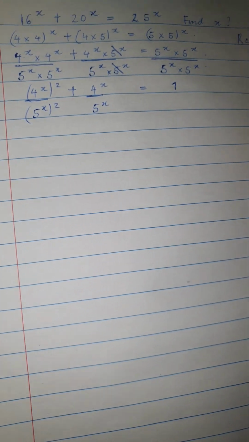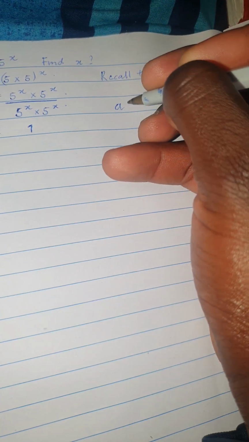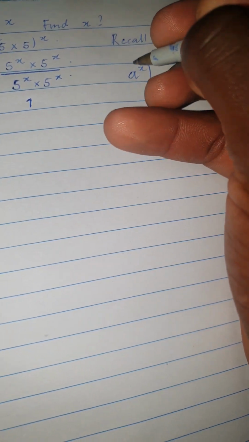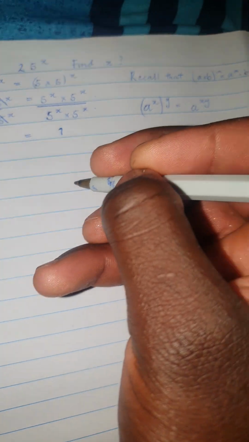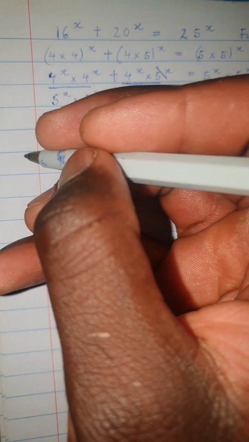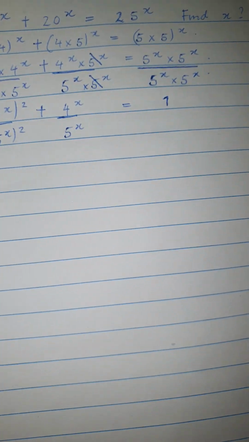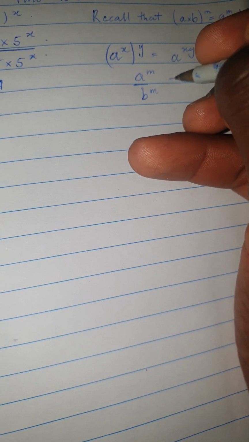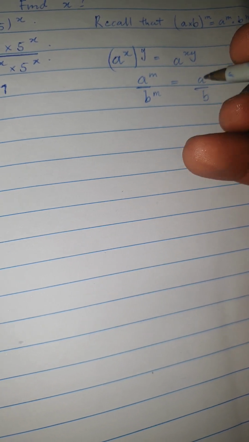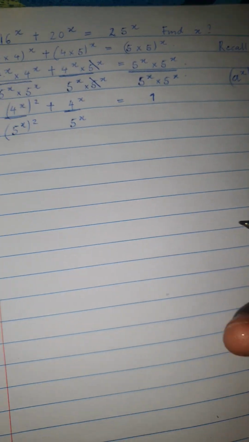Right, we know that a raised to the x raised to the y is the same as a raised to the xy. And we also know that a to the power m over b to the power m is the same as a over b raised to the power m.